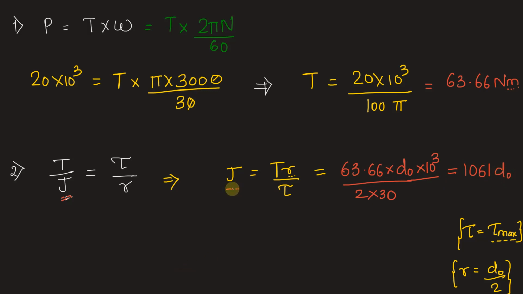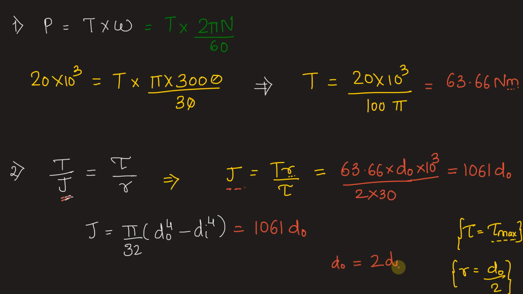Now we know the polar moment of inertia for a circular cross section with a hollow section. J is equal to pi by 32 into D outer raised to 4 minus D inner raised to 4. This is being calculated here as 1061 D naught. We also have a relation between D naught and DI, which is D outer equal to 2 times D inner.